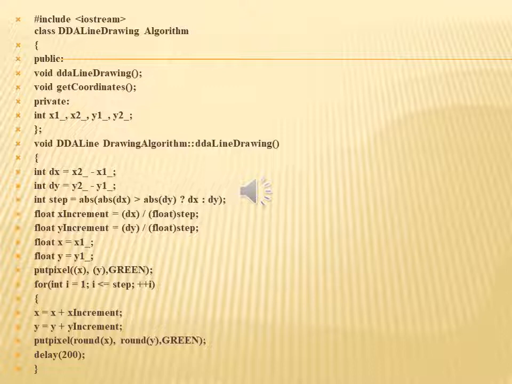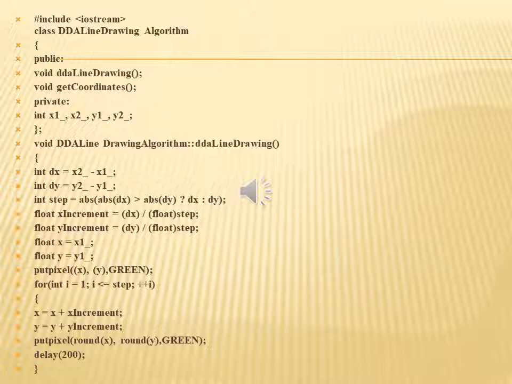After that, the integer dx is equal to x2 minus x1 and dy is y2 minus y1. Then the integer step is equal to abs dx greater than abs dy, question mark dx colon dy, bracket complete and semicolon.